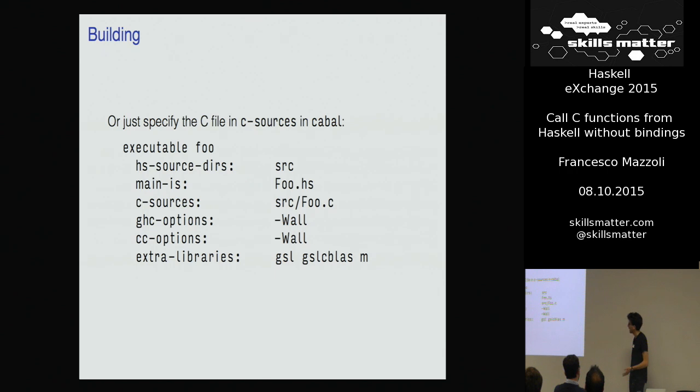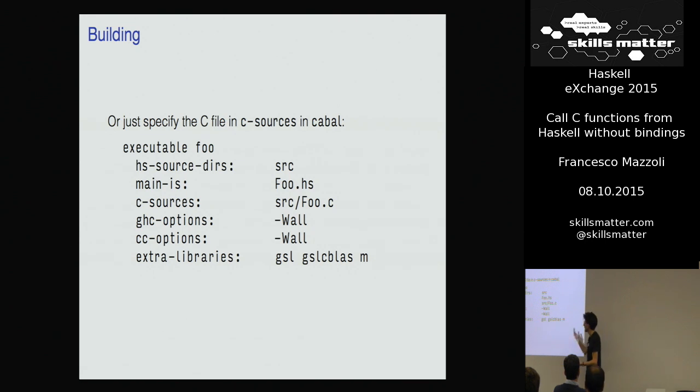If you use Cabal, it so happens that you can just specify the additional C file in the C sources. We got quite lucky here, because this is sort of depending on the order in which Cabal compiles things. And it happens to work now, but I would really like a more flexible build system so that we can specify these relationships and this order of execution of compilation more explicitly.